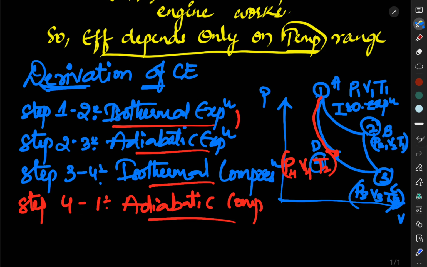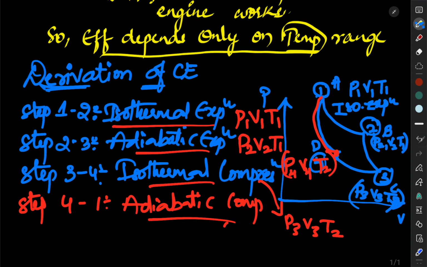Here the variables were P1, V1, T1; here also P2, V2, T1 only; at the third step P3, V3, T2; and at the fourth step P4, V4, T2. These are the steps that are going on.